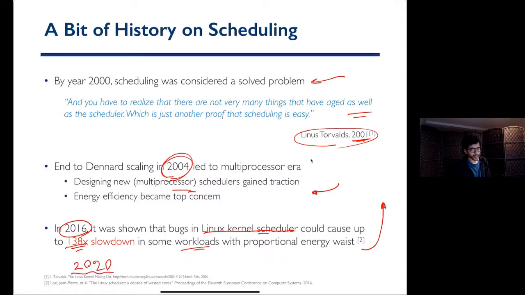Starting from 19-something to 2004, we were just having a single CPU. Now, from 2004 until today, not only do we have multiple CPUs, we have other processing units in our systems as well.